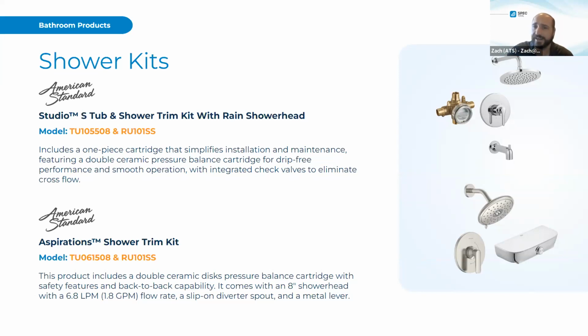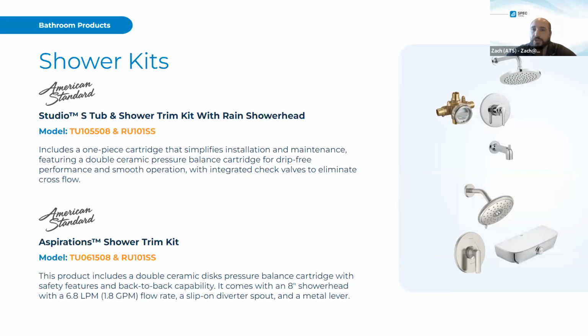Another piece I'll highlight on the valve itself, you can see that gray piece on the front. That is, in essence, an ability to install the valve and pressure test your lines before putting on the trim. So they're sold separately. You can install the valve first, put the closure plug in, test your pressures, and then come in and do your finishing items.